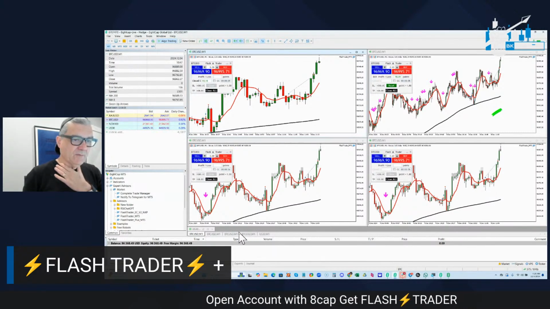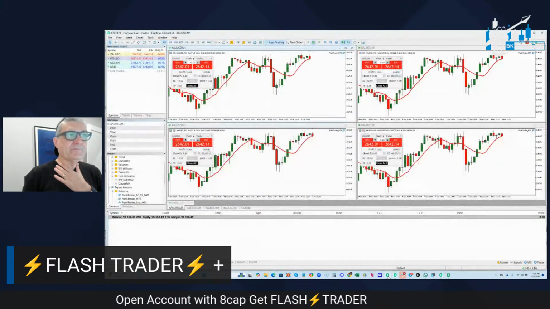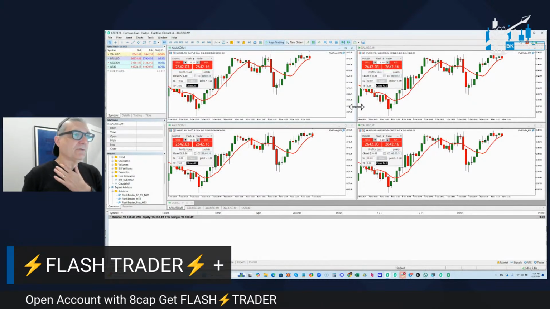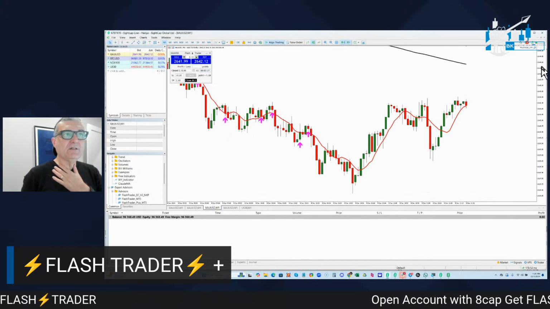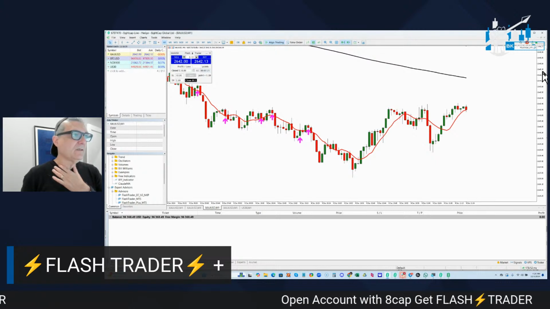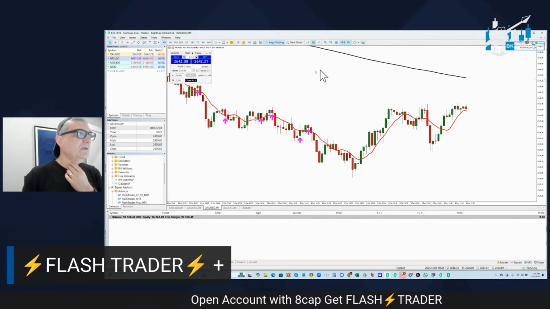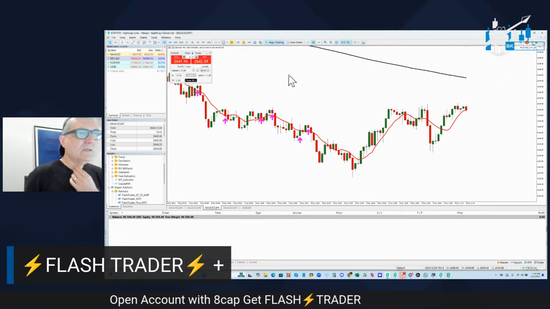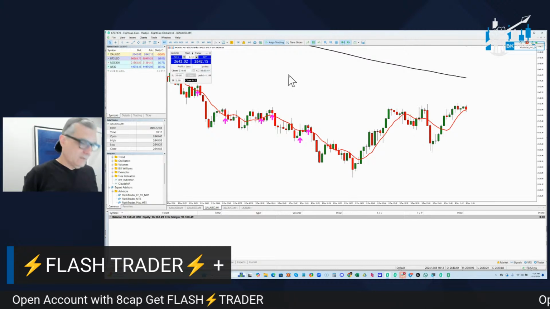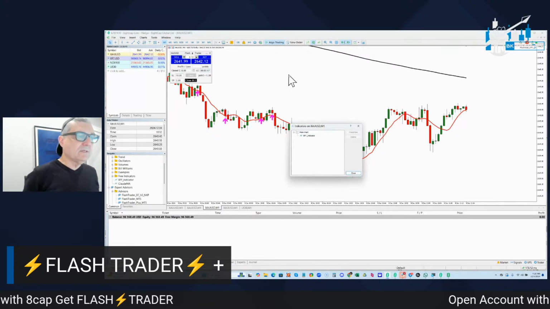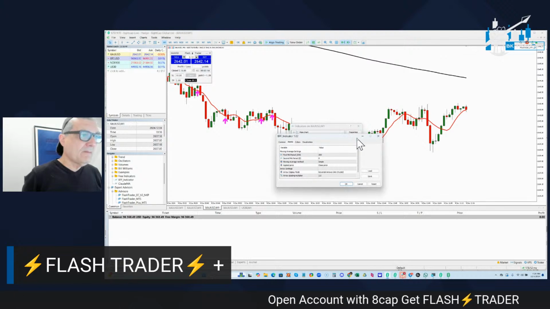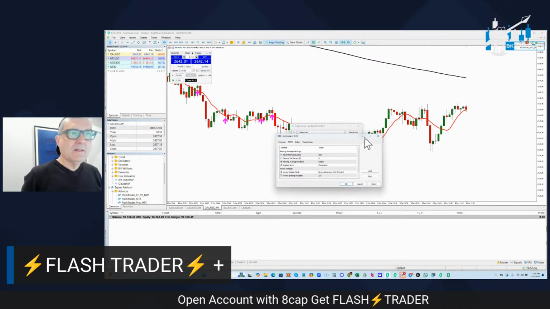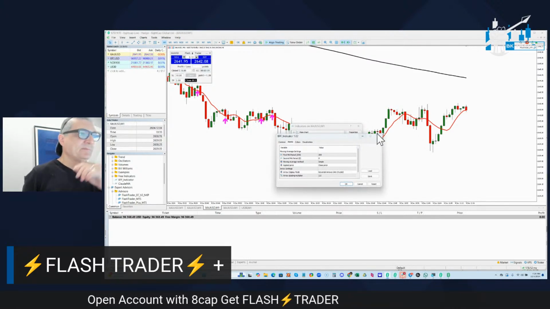Let's take a look at what gold is doing. See if we have any chance in gold right now. Let me go to the large screen. Gold is still. Let me see what's going on here with the indicator. Okay.